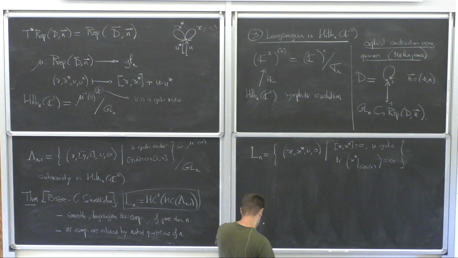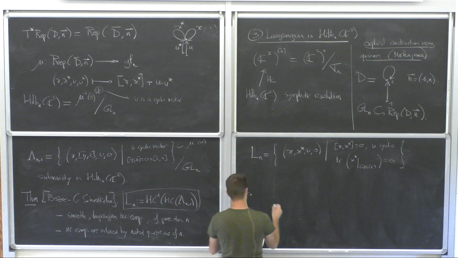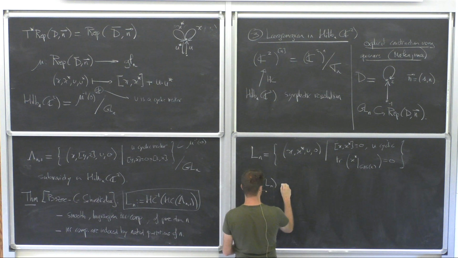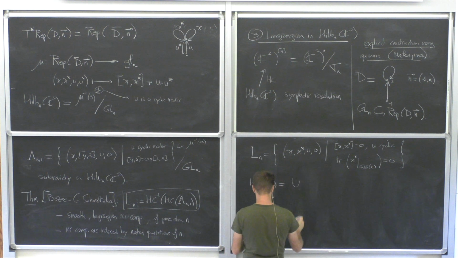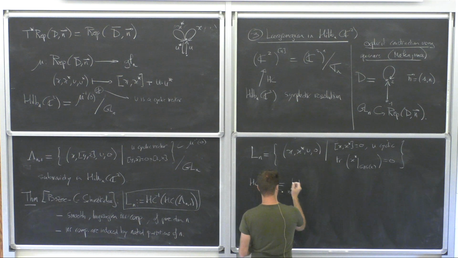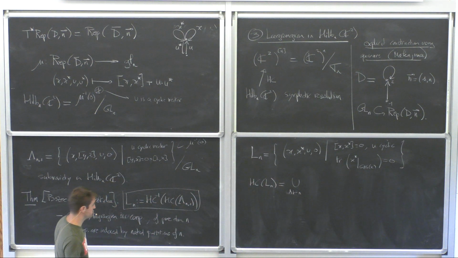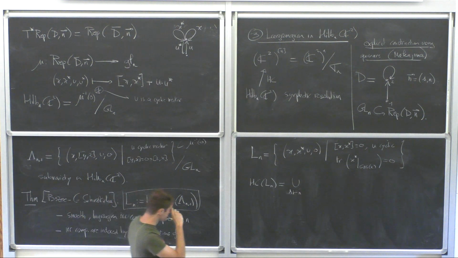There's another thing that you can see. If you take its image by the Hilbert-Chow map, this has a very nice description. It's a union over any partition of n. So let me see how I'm going to describe it.